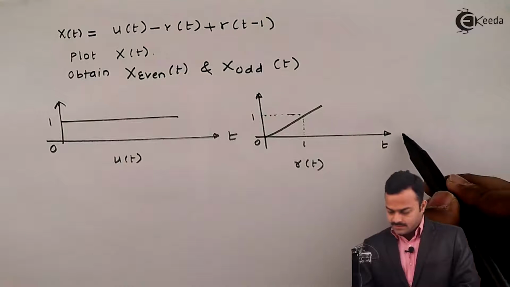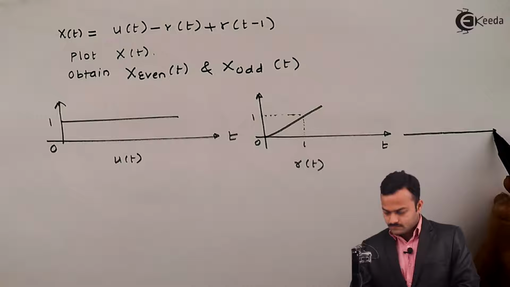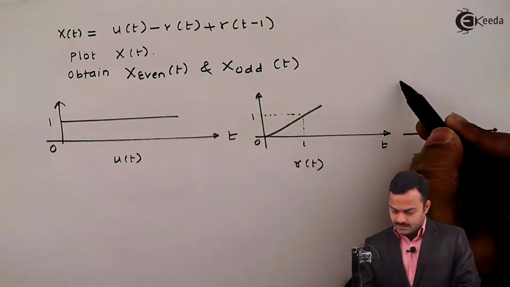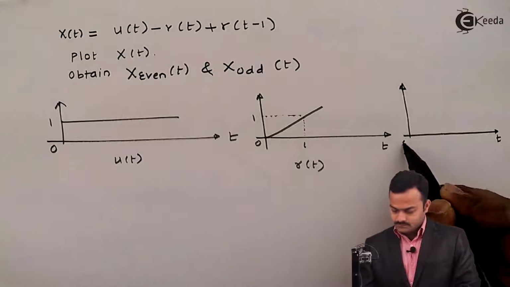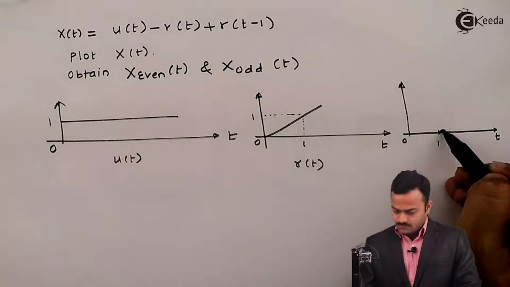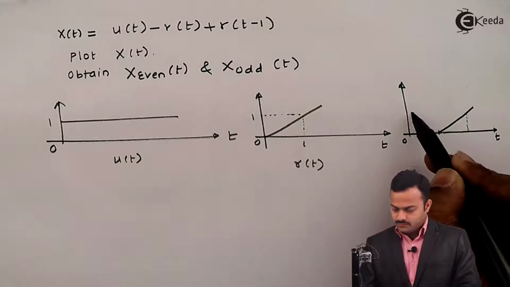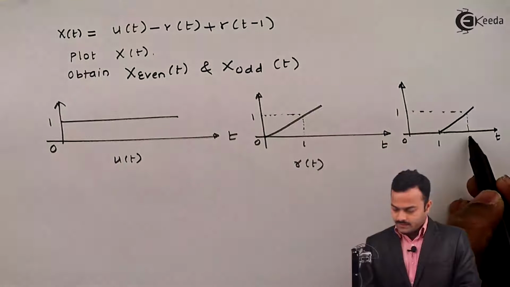And the third is r of t minus 1. It is the same as the ramp, only thing is that it is shifted or delayed by 1 unit. So it will reach the value 1, which is nothing but the slope, at t equal to 2.